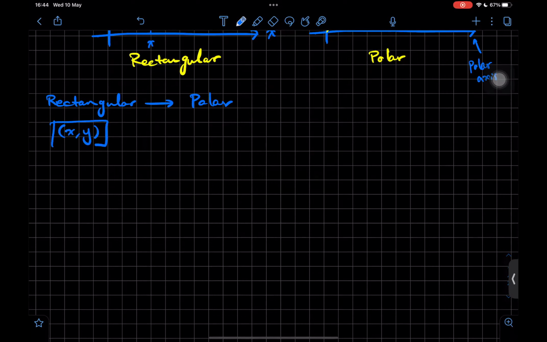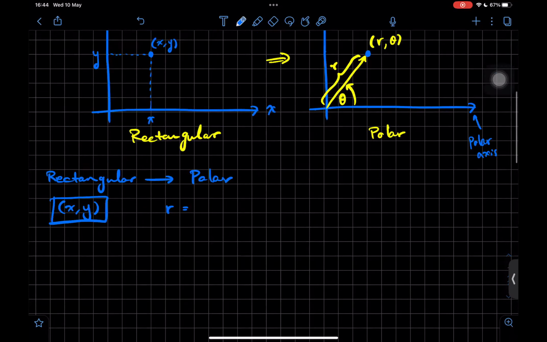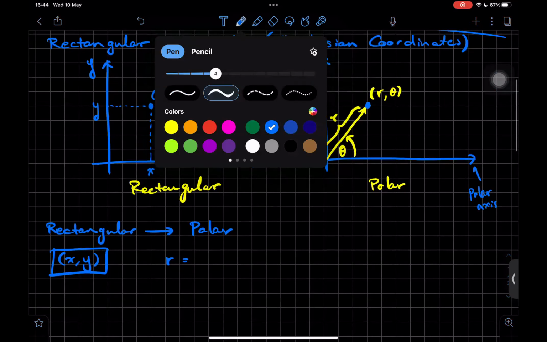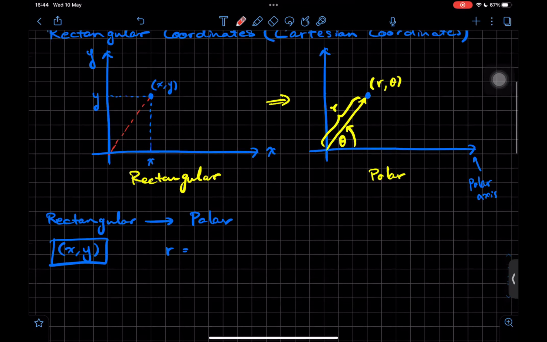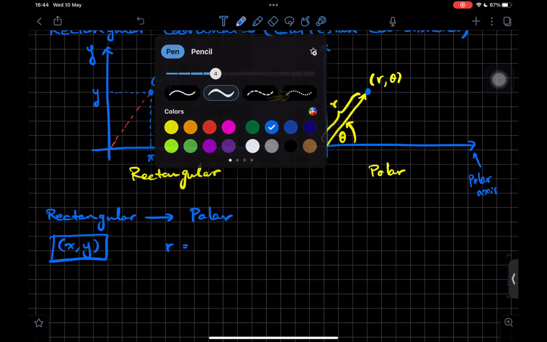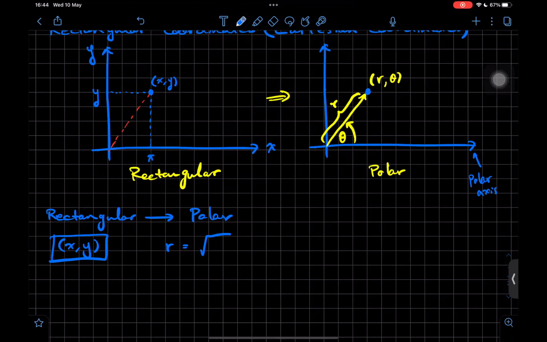This is what we have. We want r and theta. We get r from the Pythagoras theorem. Okay, as you can see here. If you want r, then we can use the Pythagoras theorem. So it will become the square root of x squared plus y squared.